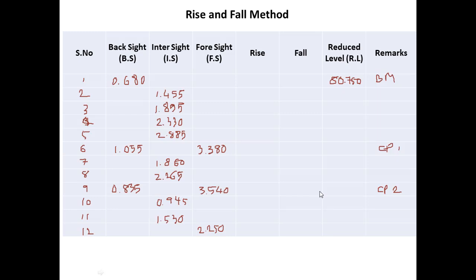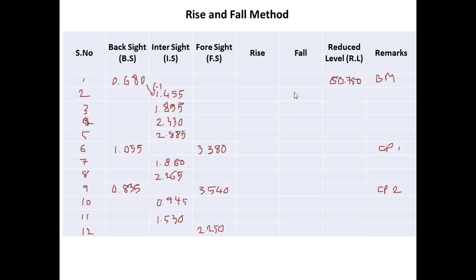Here there will be continuity from the first reading to the last reading. So I am going to deduct the second value from the first value. If this value comes in minus, I have to write it in fall.